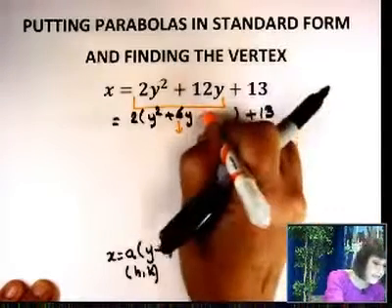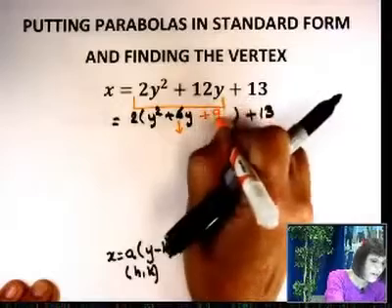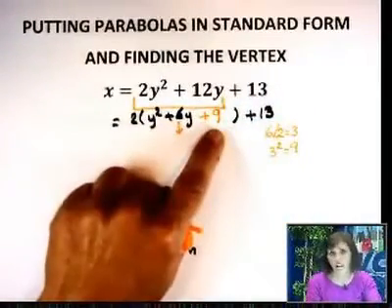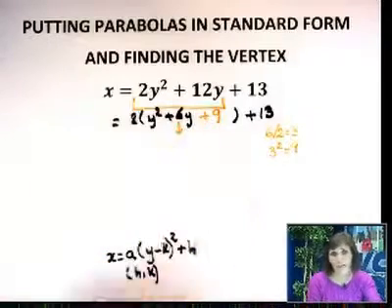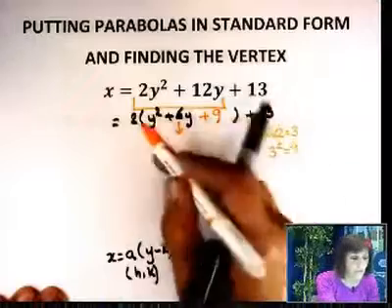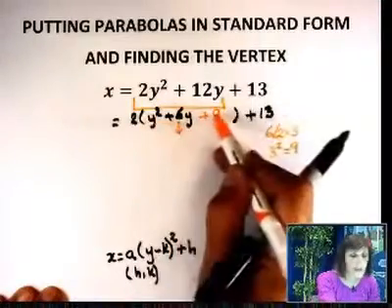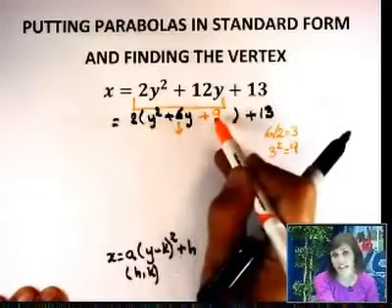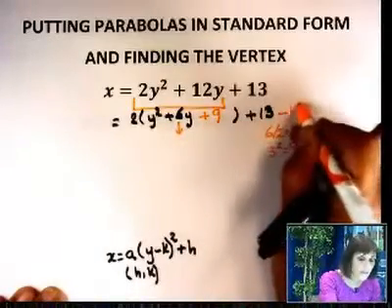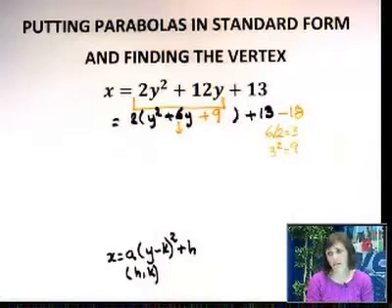I need the 9 here to make this a perfect square. But I cannot just put 9 in here. If I put something in, I have to take it out. But when I put 9 in here, I didn't really put 9. Look, I put 18. You have 2 and 9 here. 2 times 9, that's 18. So since this was plus, I'm going to take it away, minus. Do you see what I did?